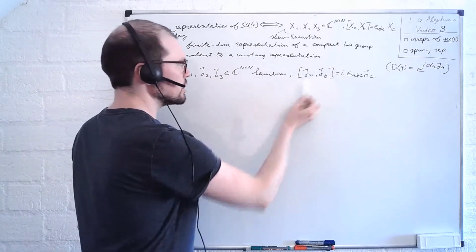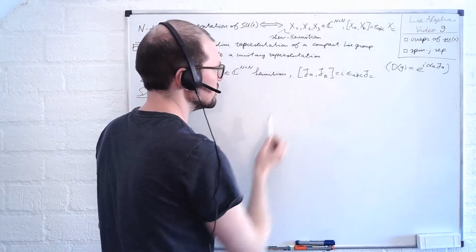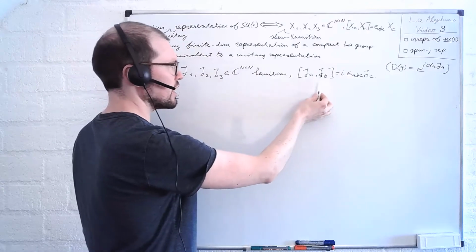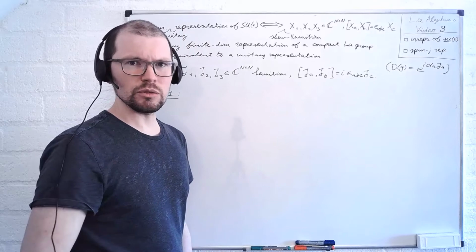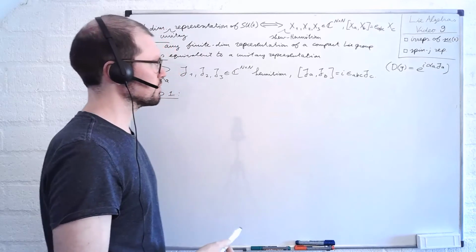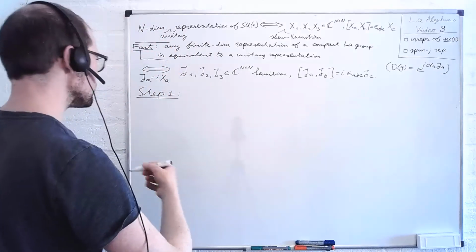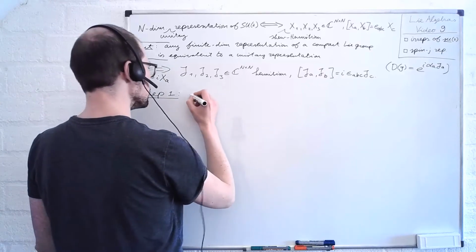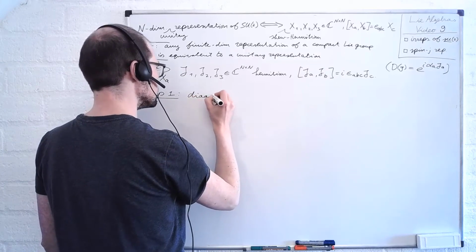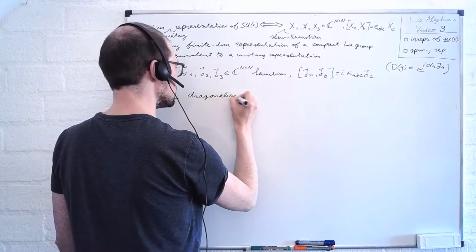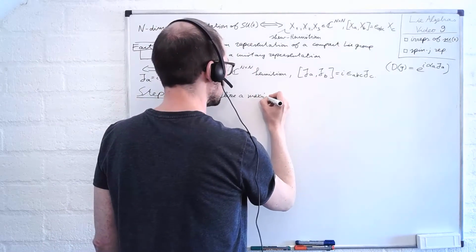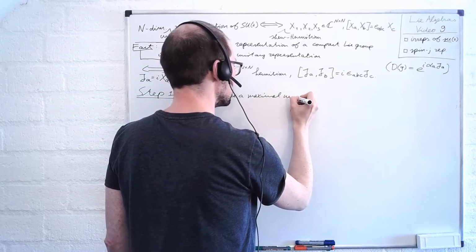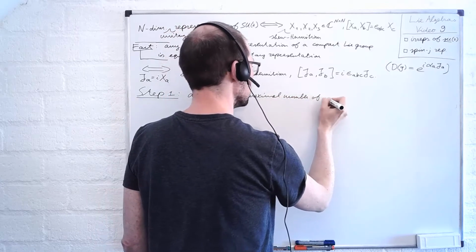But we know here that these operators, or the matrices that they have, do not commute with each other, so we cannot diagonalize all of them simultaneously. But we choose a maximal number of them, so diagonalize a maximal number of generators.